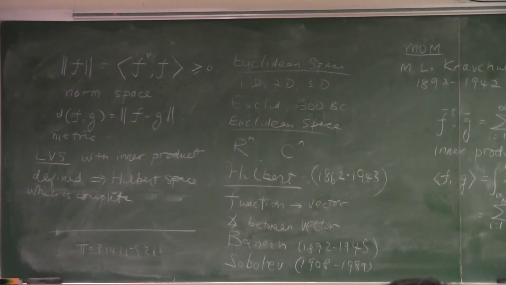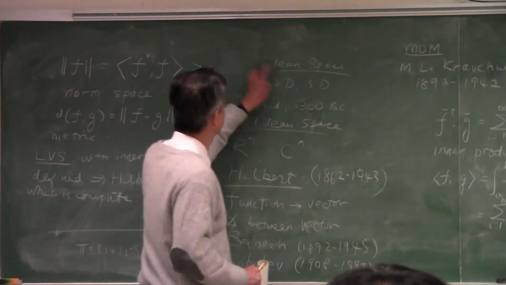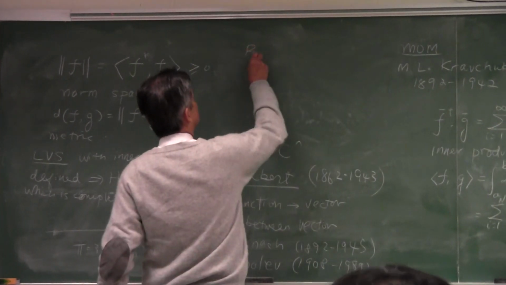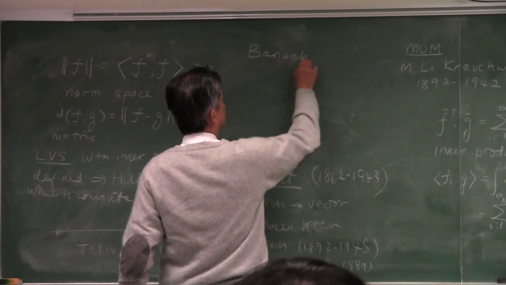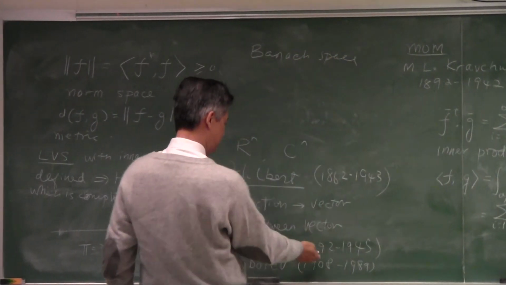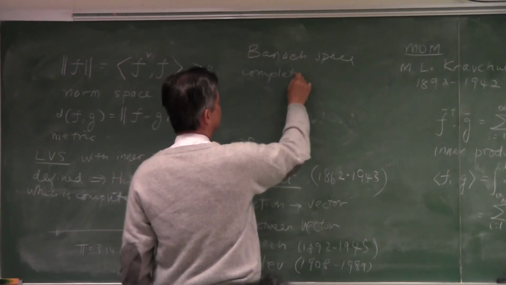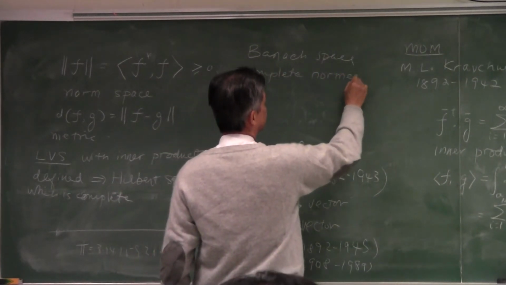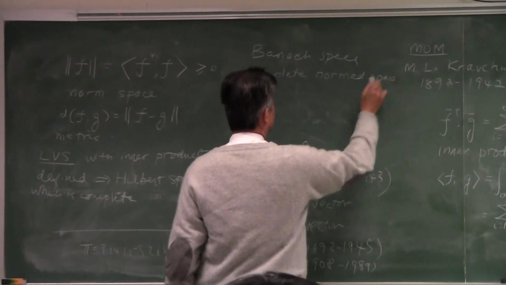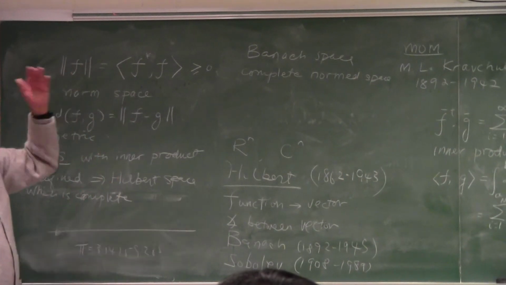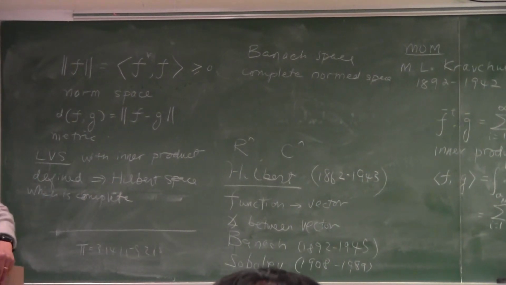But then, what is a Banach space? A Banach space is a complete normed space. As you can see, he came after Hilbert, so he studied what is called a complete normed space. The norm does not have to be defined like what we often do in physics, but the norm can be defined in many other ways.